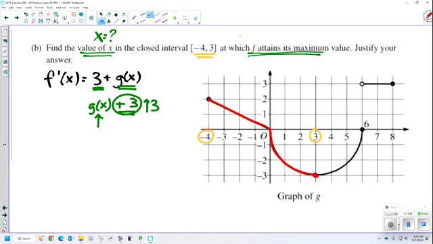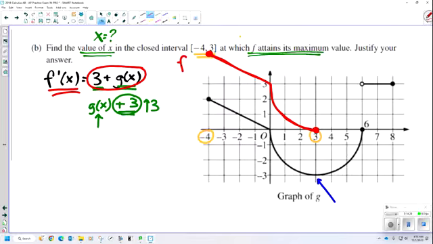It starts here and ends here. I'm going to take that whole graph and move it up 3. If you keep an eye on this point right here, we'll just move it up 1, 2, 3. This graph that I have right here in red is g of x moving up 3, which means that graph in red is really f prime of x.